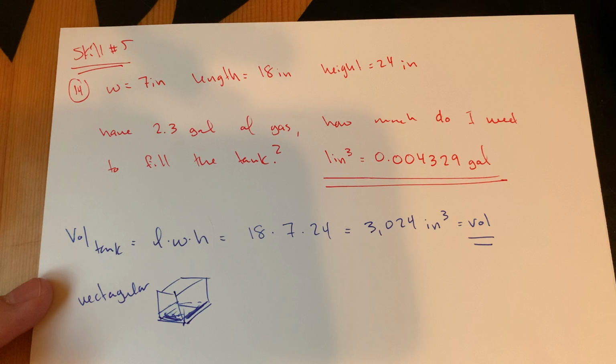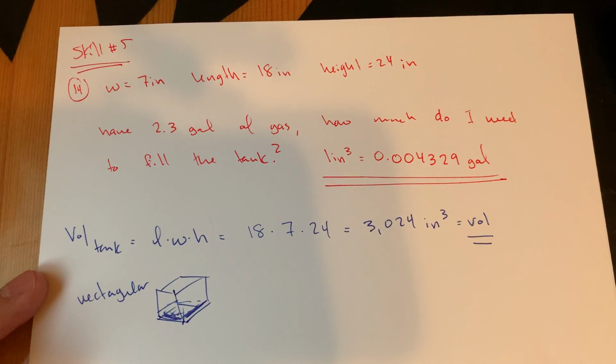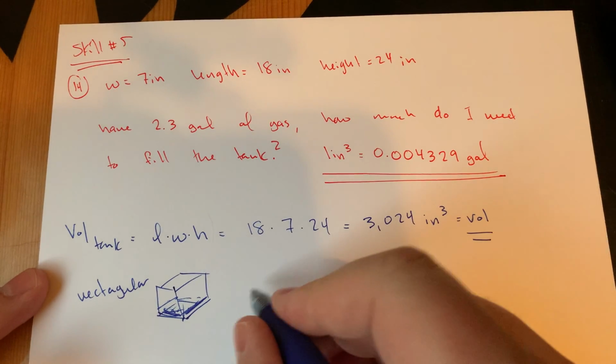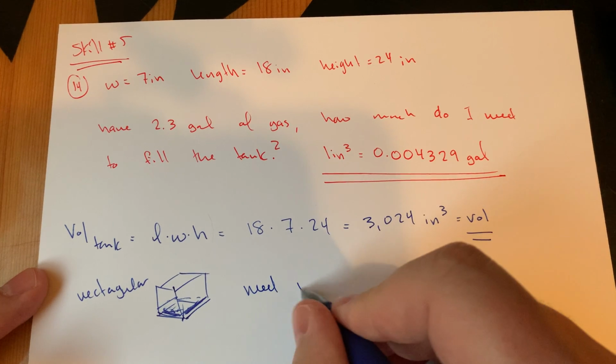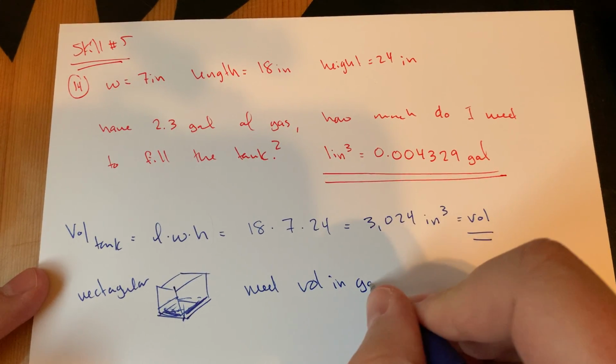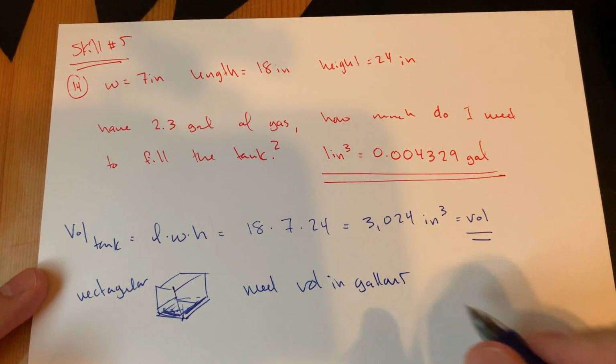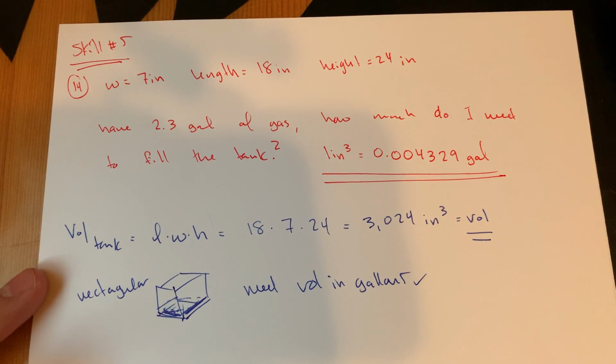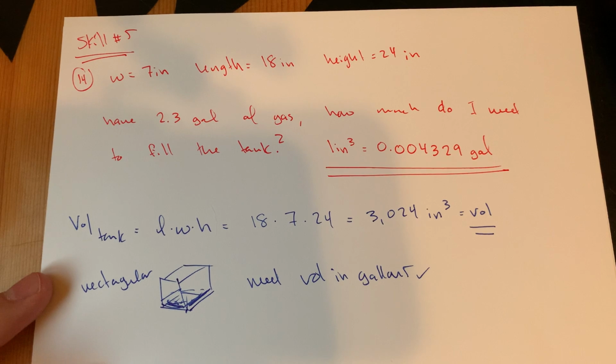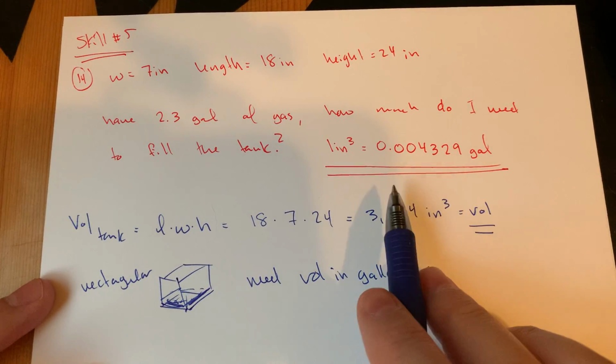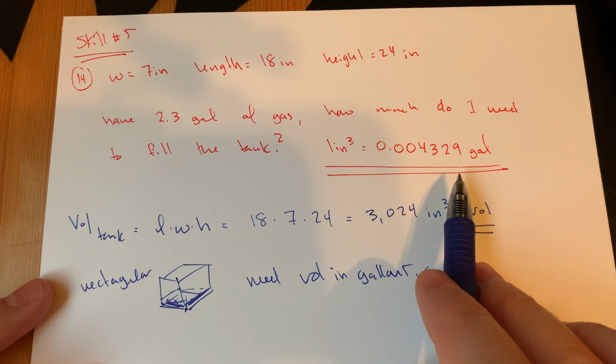And so what I have is a certain amount of liquid in there, but it's in gallons. So what I need is the volume in gallons, right? Perfect. I know every 1 cubic inch is 0.004329 in terms of gallons.